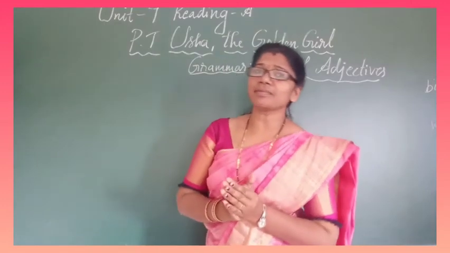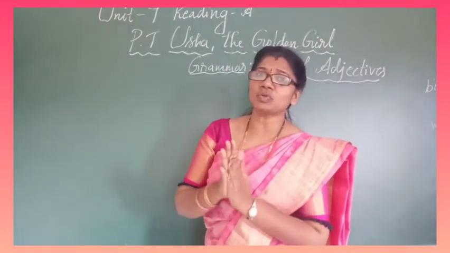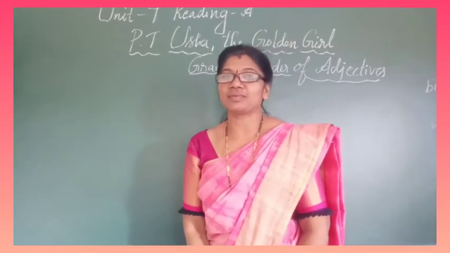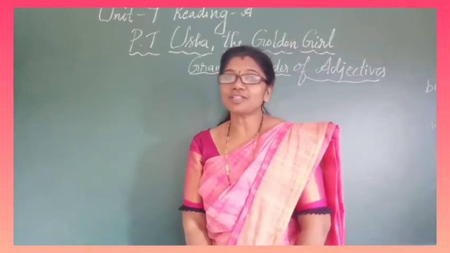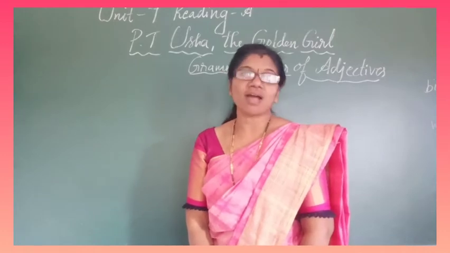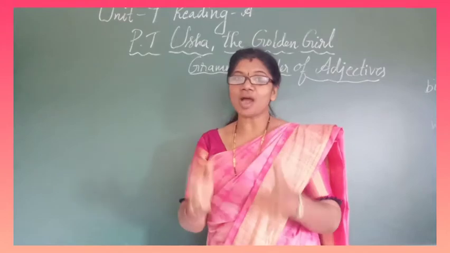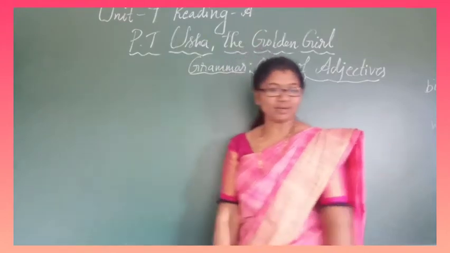Let me recollect for you what an adjective is. An adjective describes, modifies, tells something more about a noun, that you know very well. Let me give you an example.